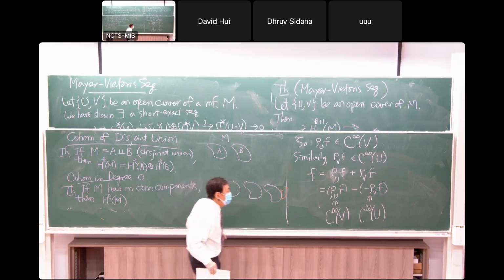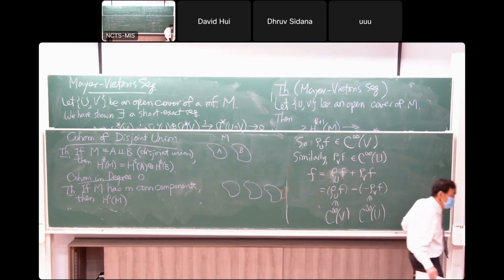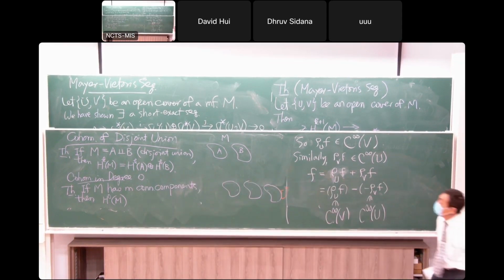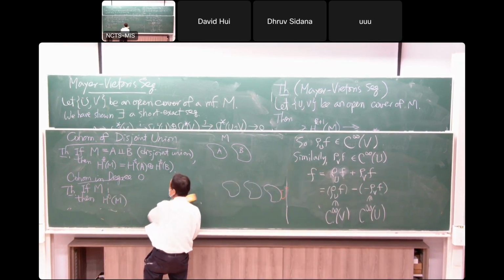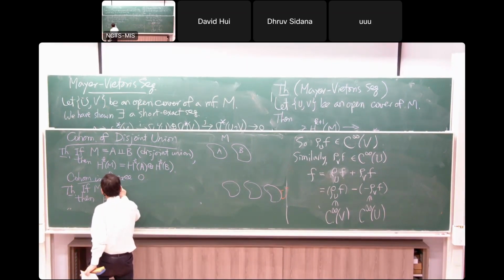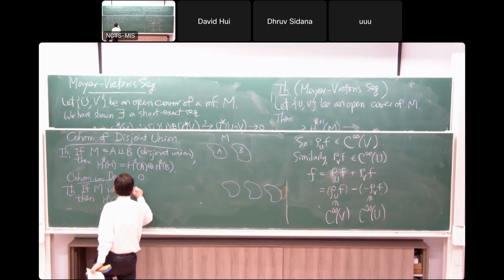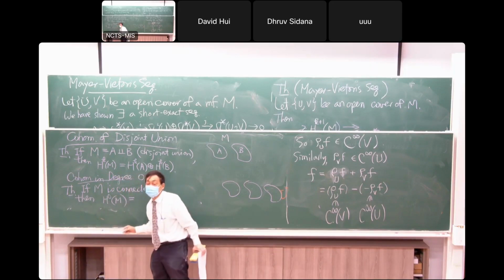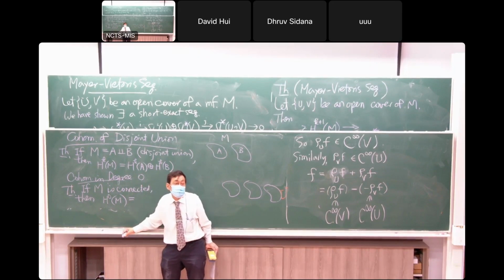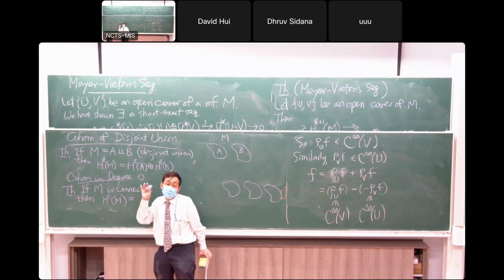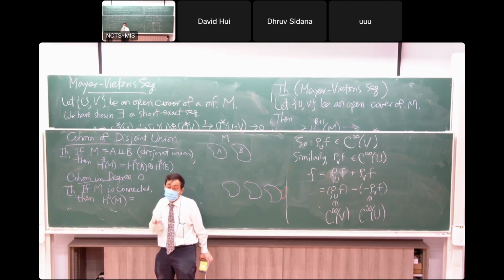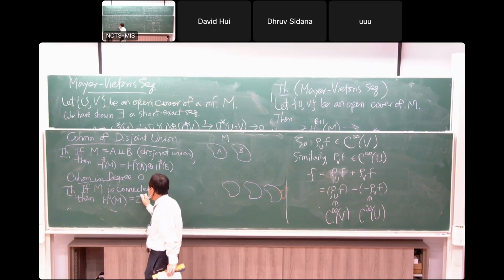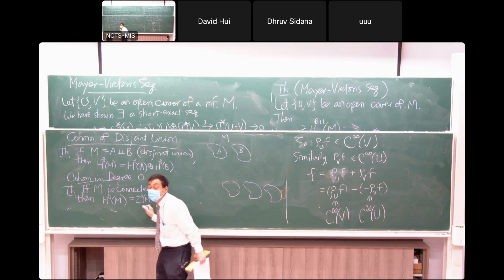So in degree zero, let's say we have just one component. So let's say M is connected, so you have only one component. Then what's the cohomology in degree zero? Well, it's the closed forms over the exact forms. The exact forms are zero. So it's just going to be the closed forms.